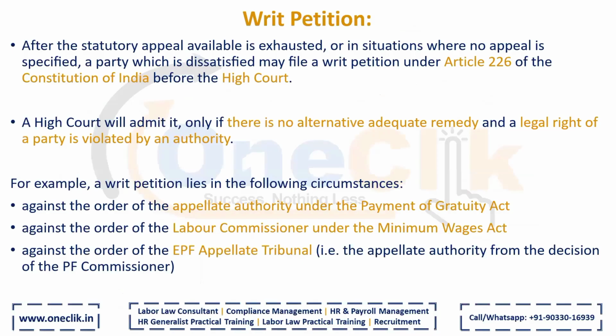Okay. And right, last point, writ petition. That was your answer, na? Who was asking that if they are not hearing or not giving the proper answer by the labor court, then we have power.